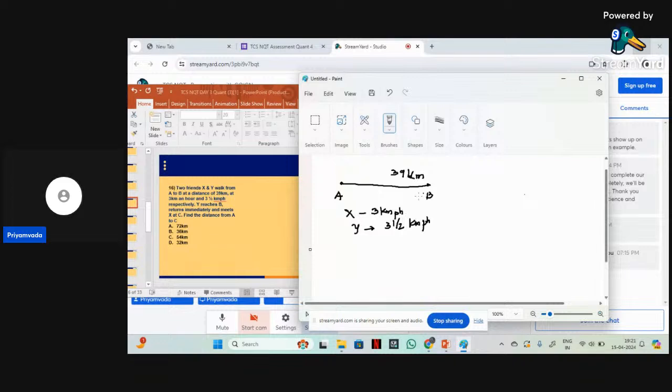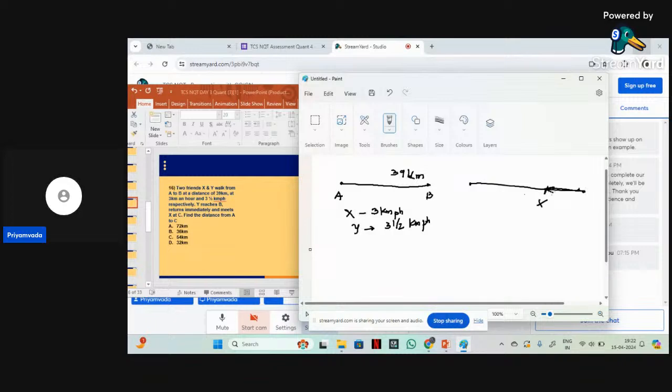The scenario given is, again I'm drawing the diagram for you to be clear. The person traveling with the highest speed is Y, right? So the scenario will be like this: Y travels to the end, then travels back and meets X right here.